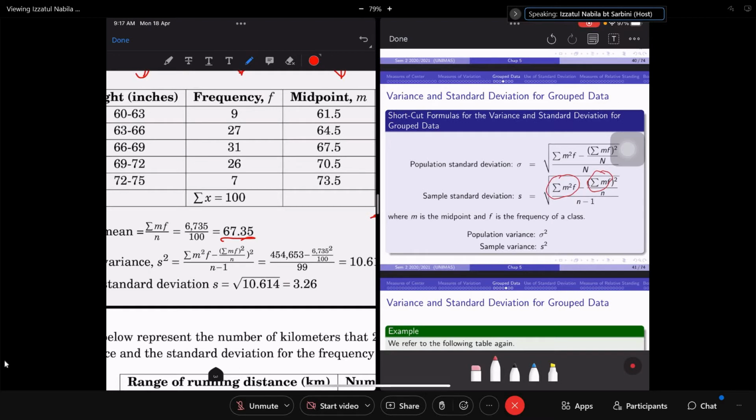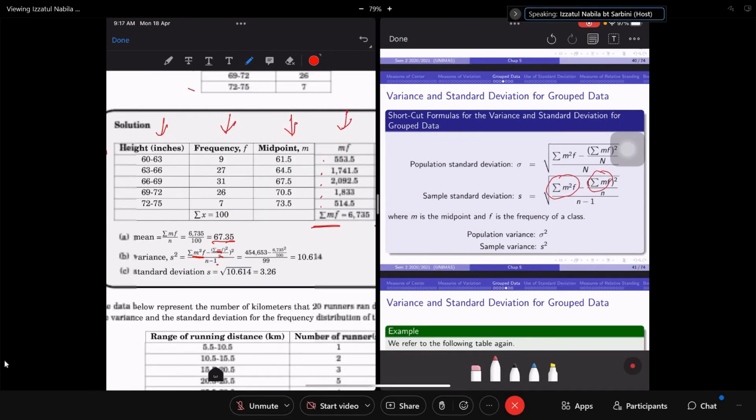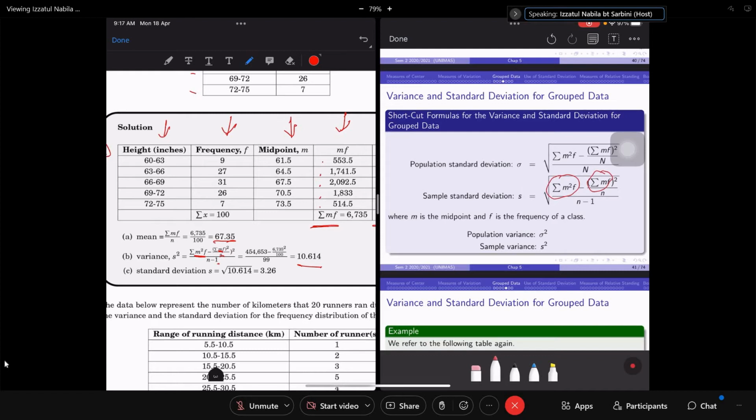So it's summation of M square F, and you substitute all the values and calculate, you get your variance equal to 10.614. Standard deviation is the square root of variance. So square root of 10.614, you get 3.26.